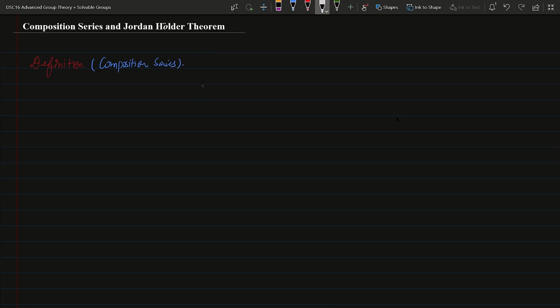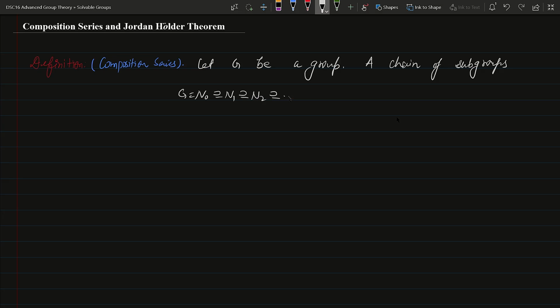So let G be a group, a chain of subgroups, that is G equal to N naught contains N1 contains N2 contains and so on, N_n, such that the following conditions hold.